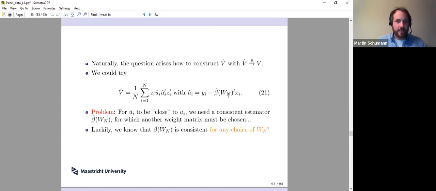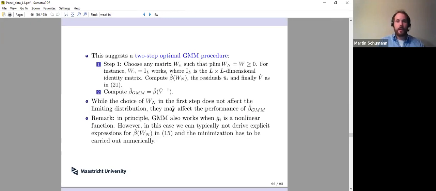We can use any matrix. So beta hat Wn is consistent for any choice of weight matrix. So naturally, this suggests a two-step procedure. In the first step, we choose any weight matrix such that the limiting Wn is some matrix W, which is positive semi-definite.